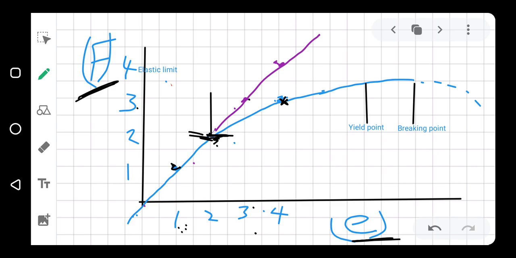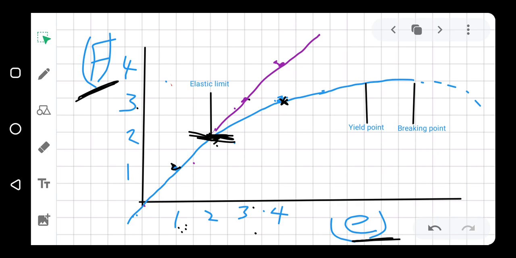At this point, the material has lost its elasticity, which means that the increase in the applied force does not produce an equal amount of extension any longer. That is when the material has lost its elasticity, and we call this point the elastic limit.